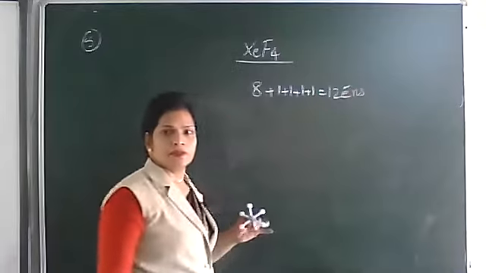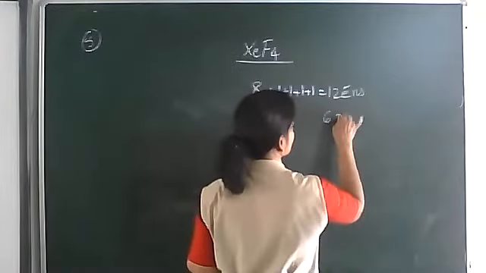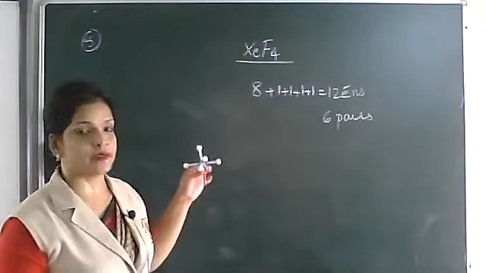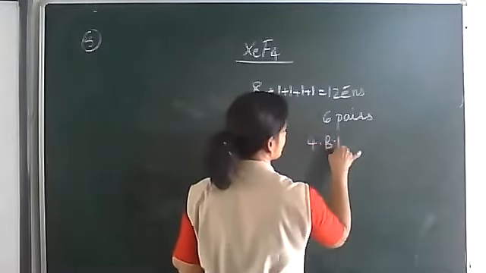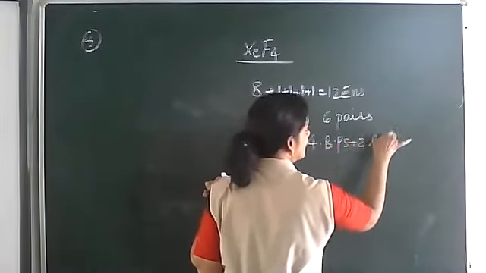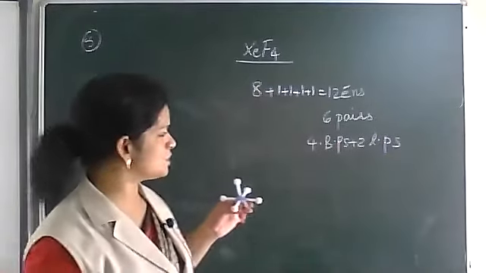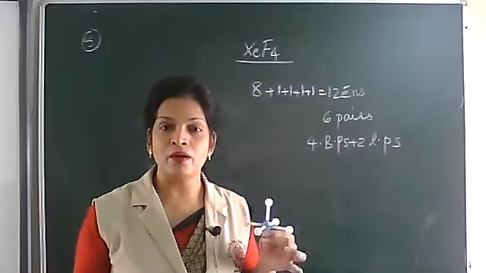And these 12 electrons are to be put in 6 pairs. But you see, only 4 bond pairs, so 2 lone pairs. 4 BPs and 2 LPs. These 4 BPs are kept towards the corners of a square and one above, one below.